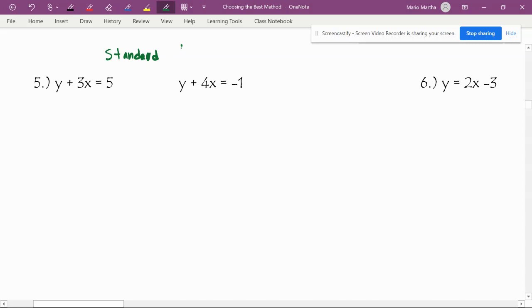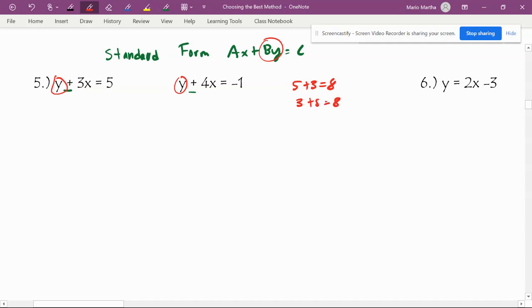Standard form is when you have ax plus by equals c. Now they look almost like they're in y equals mx plus b form, but if you guys notice, there's a plus right there. The only difference is that here y is in front, right? And then the y is over here. Now again, remember that makes no difference when you guys are adding numbers. If you have 5 plus 3, that's equal to 8. If you have 3 plus 5, that's still equal to 8, right?